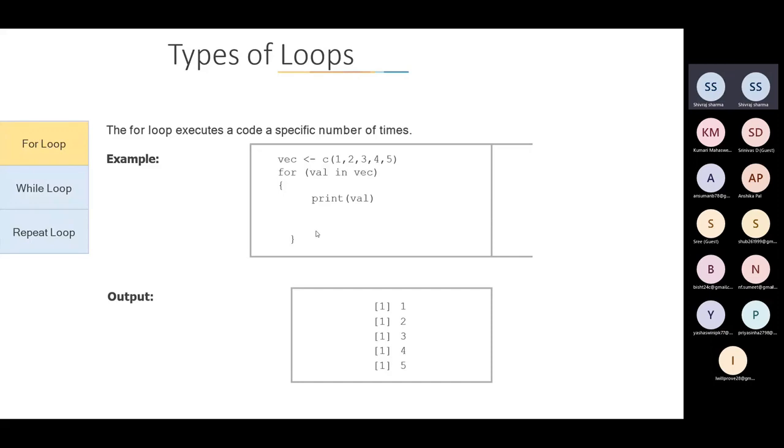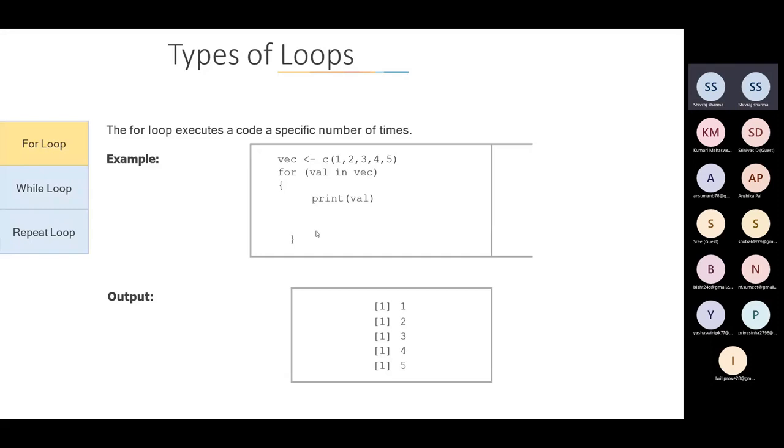A vector is single row values, not two-dimensional values. Rows and columns both are not available in it. So we defined a vector VEC by left assignment. The values that we assign to the vector are 1, 2, 3, 4 and 5. Now we put a for loop with the values in the vector.